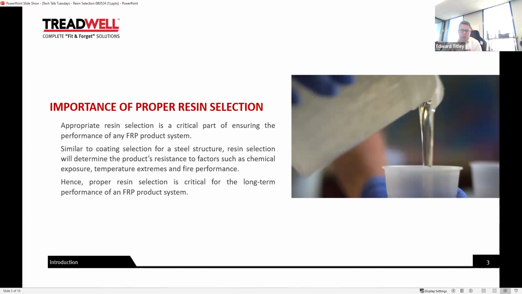For a moderately exposed structure, you might have a hot dip galvanized. If it's exposed to chemicals or something like that, you might have an epoxy coating on it, or you might do a duplex gal, a galvanized and a wet spray coating, for example. So resin selection is a bit like that. You would specify a coating for a steel structure for proper performance, and we would recommend that the same is done in relation to FRP to ensure their long-term performance.